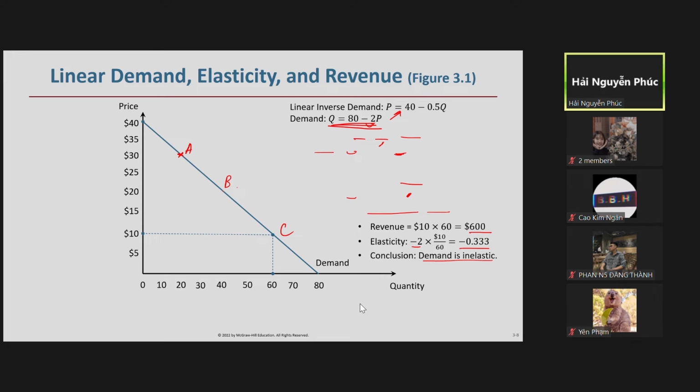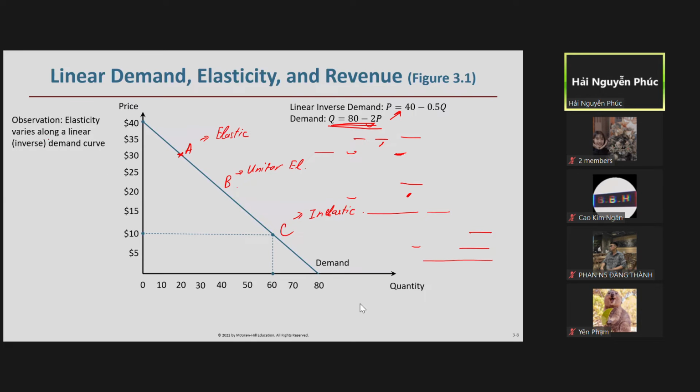So once again, if we look at this graph, the 3 points: at A, we have elastic demand. B, we have unitary elastic demand. Point C, we have inelastic demand.